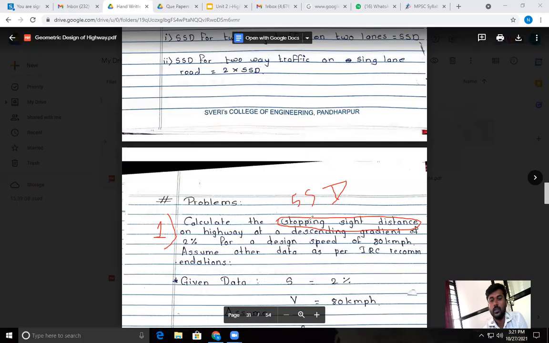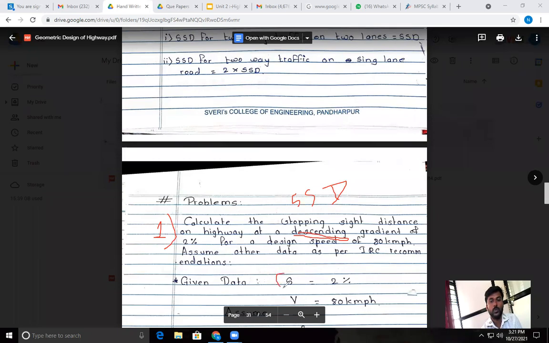Then here they have given that on the highway at a descending gradient. This word is very important. How is the gradient given? Descending. Descending gradient means we have to take the gradient as negative, that is, the minus sign should be used in the formula.